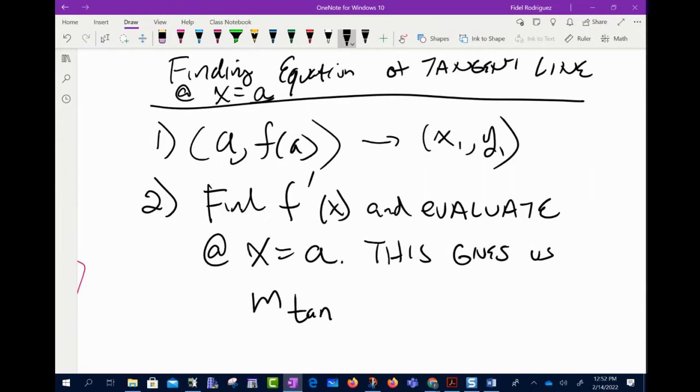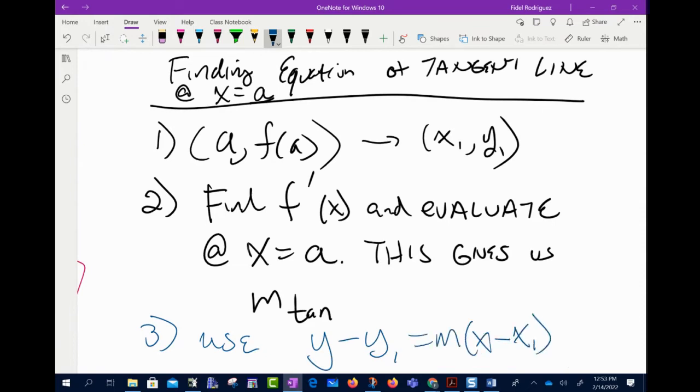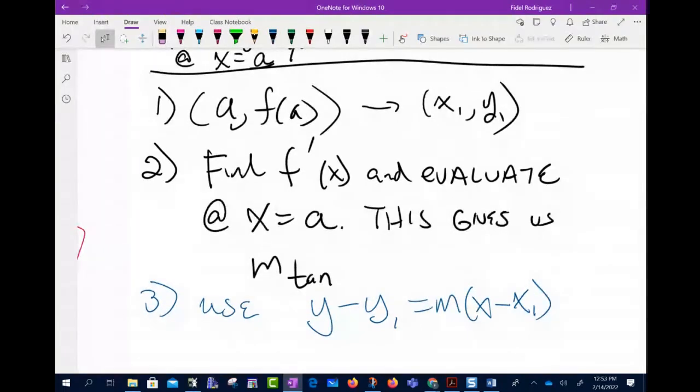Like in the problem we did before, they gave us x equals 2. So we want to find the derivative, and once we find the derivative, we want to evaluate at 2. That's going to give us the slope of that tangent line, okay? Once we find the slope of that tangent line, number 3, use y minus y1 equals m times x minus x1, okay? Solve it for y, and we found the equation of our tangent line, okay?